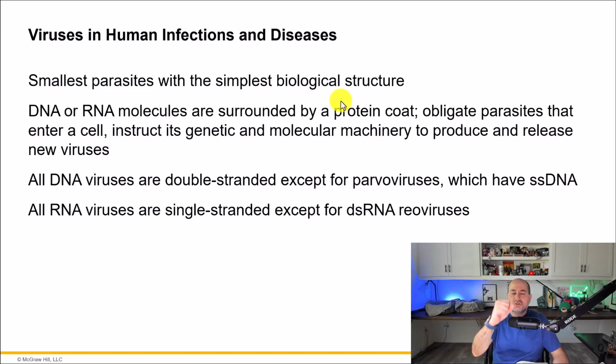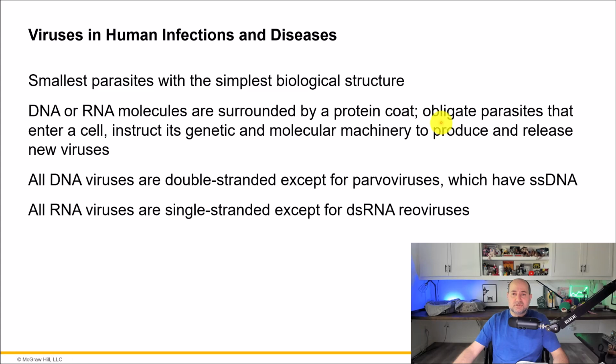Together, the nucleic acid plus the capsid is called the nucleocapsid. And there could be some additional structures to a virus as well, but it is far, far simpler than a cell, and usually much, much smaller than any kind of cell. Even prokaryotic cells are much bigger than most viruses.